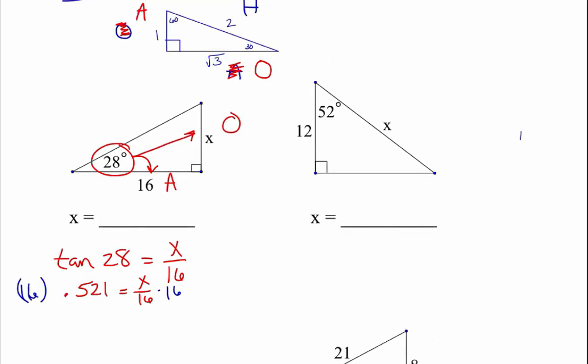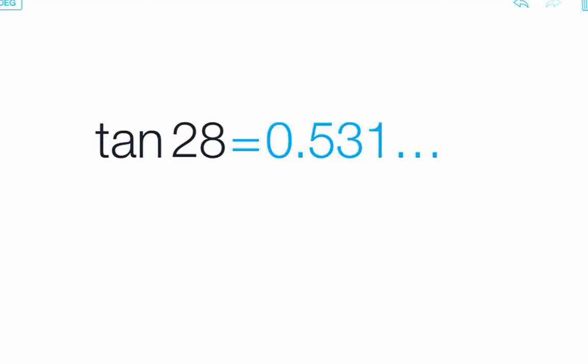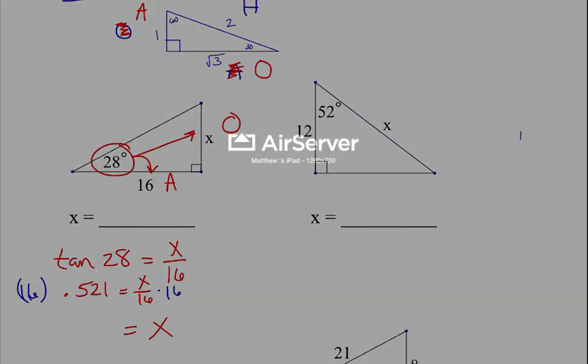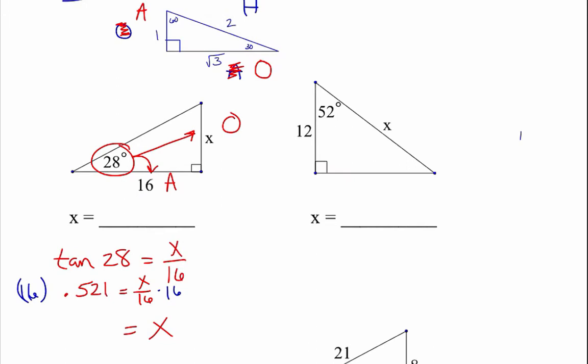So on the right side, I'm going to get x, and on the other side, I need to take my tangent of 28, which is 0.531, and multiply that by 16, which is equal to 8.507. So if that's equal to 8.507, then I'm going to round that to approximately 8.5.